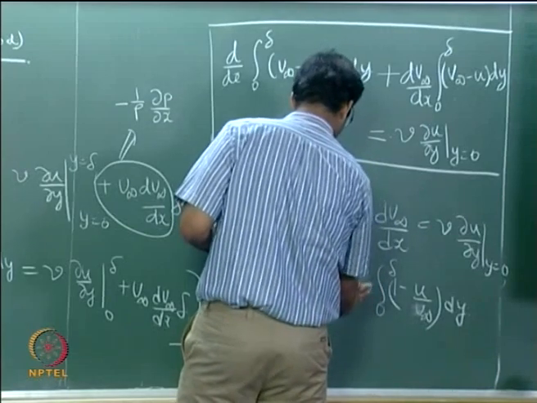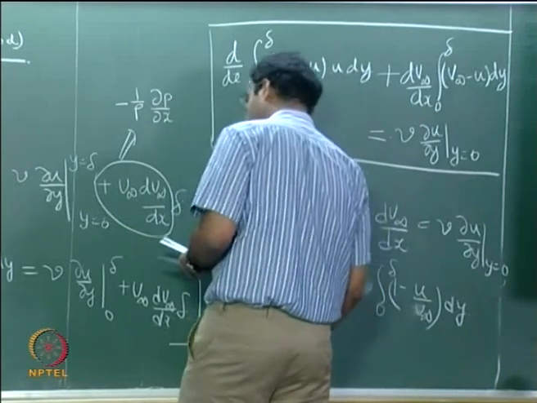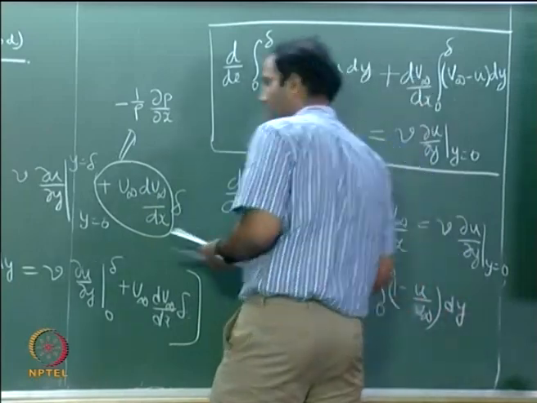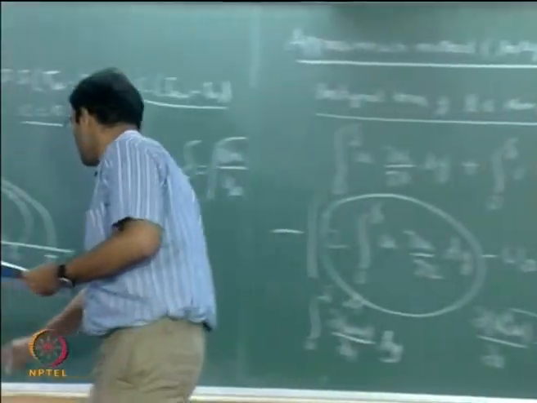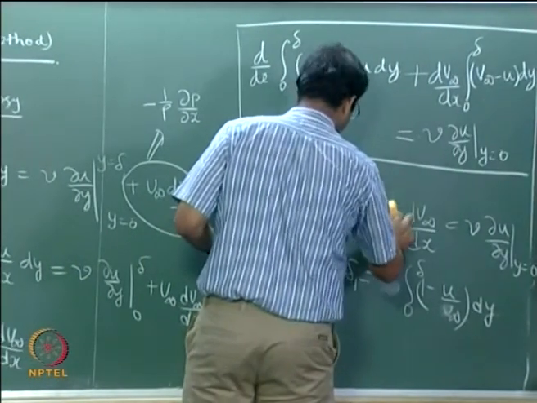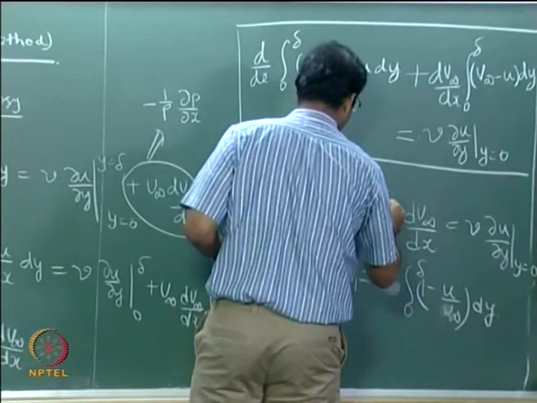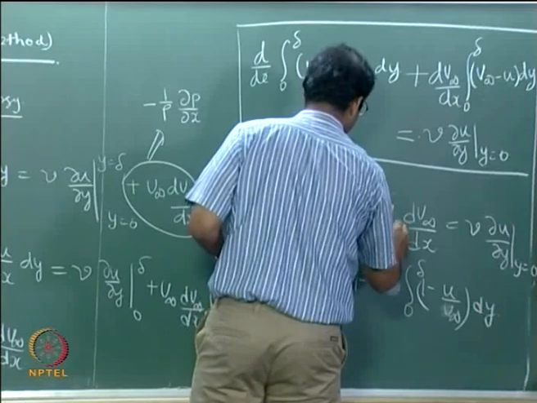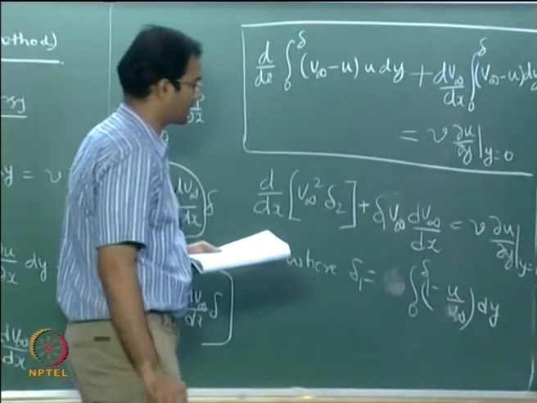I am not going to write exactly like this, I am just rewriting slightly in a different manner. I am multiplying and dividing so that delta 1 into u infinity is here, and delta 1 is defined in this particular fashion.